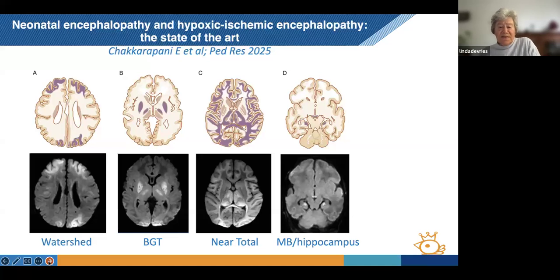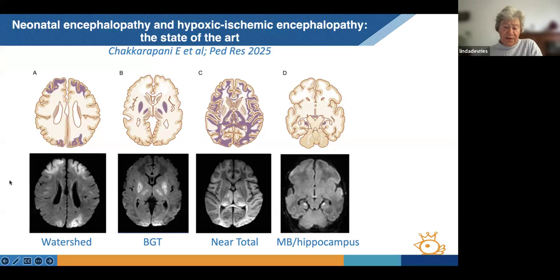This is a nice image which comes from a paper that we recently published in Pediatric Research. And here we see the main patterns of injury in a baby with HIE, in drawings and on the diffusion. So on the left, we see a typical example of the watershed type of injury. And I'm showing you diffusion imaging because the abnormalities are most easily detected with diffusion.